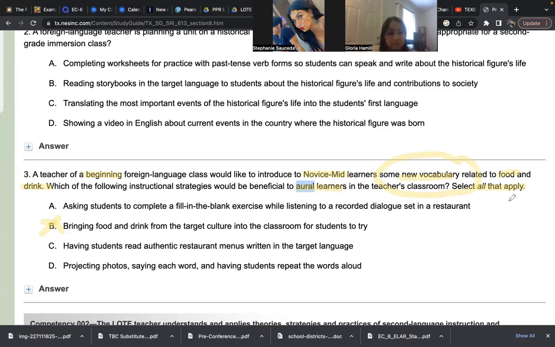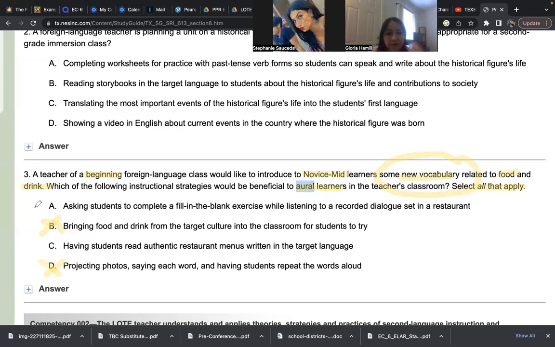So I would cancel D just because it doesn't mention food. But maybe, I don't know. I don't know about C either. It has authentic restaurant menus, so they're learning some words there, but they're just reading it to themselves.